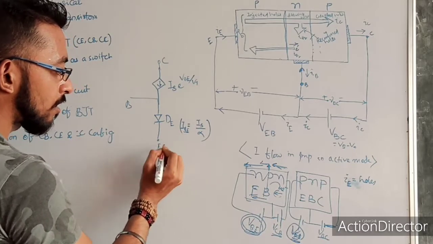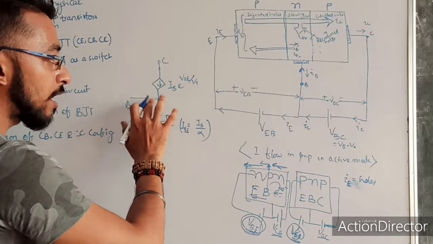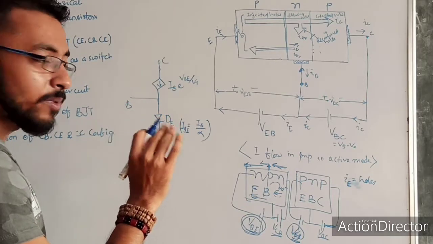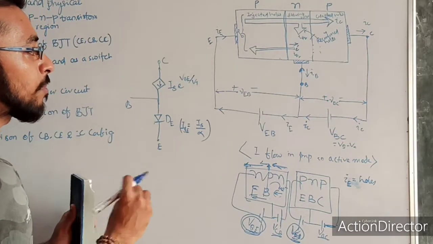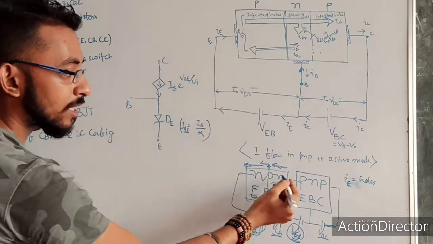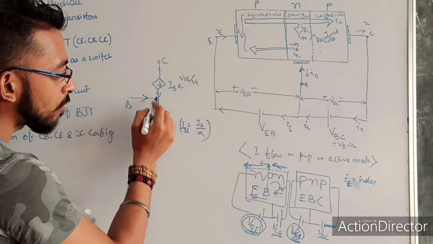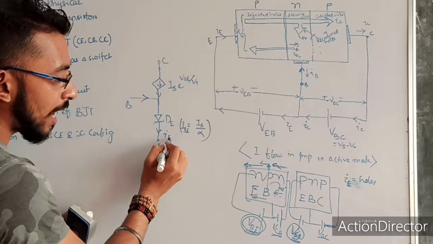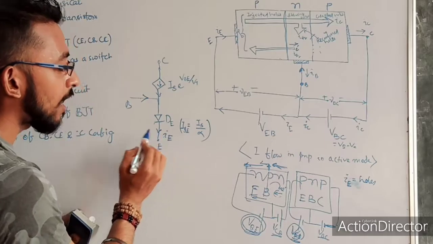And this is my emitter. You remember that we did this for the NPN transistor. There are 4 circuit models similar to this. Here also in PNP everything will be the same, but here, in this case, the current IC, this is the current direction, this is the IB direction, and both are combining giving me a current IE. These two will combine and give me a current IE.